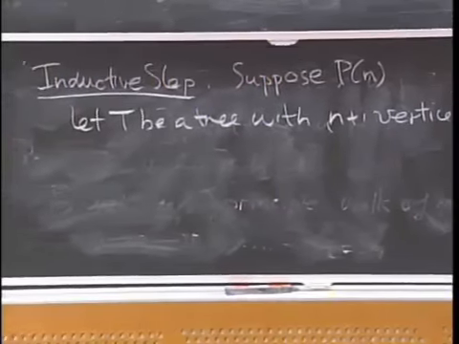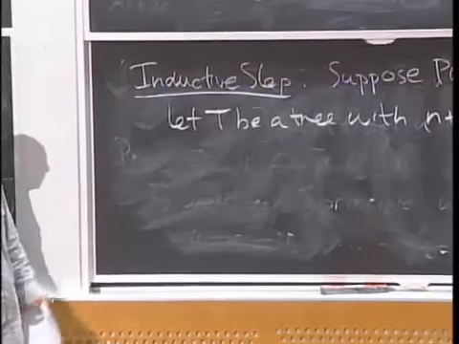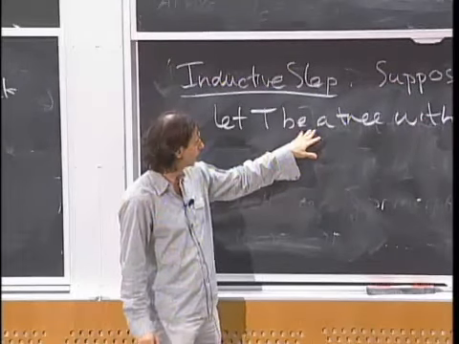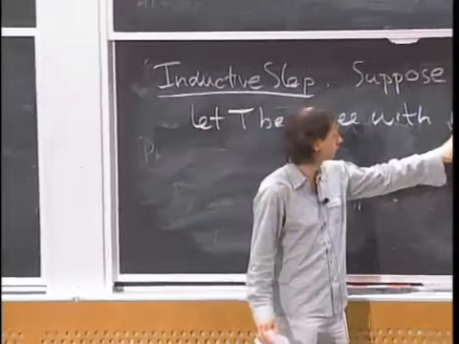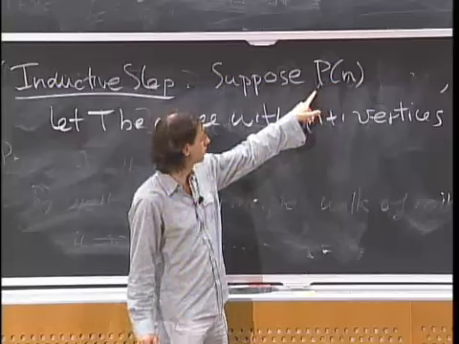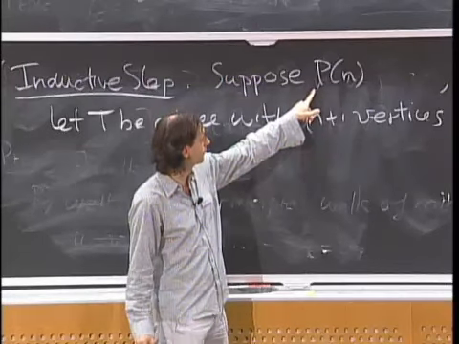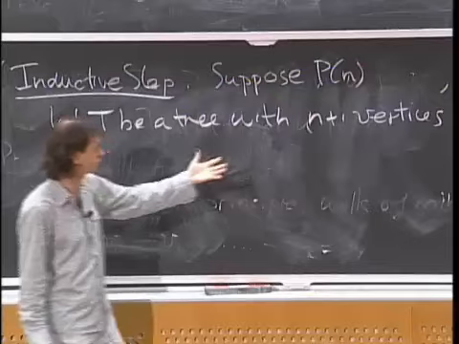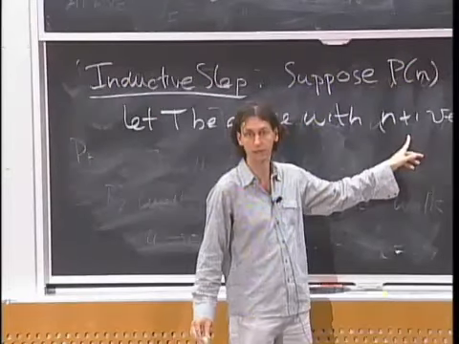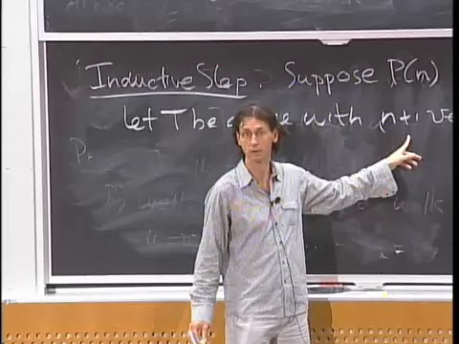So how can we use the induction hypothesis here? Do you have any ideas? I have a tree with n plus 1 vertices. And if I want to be able to use this induction hypothesis, then I can only apply it on trees that have n vertices. So somehow I have to delete one vertex, right?